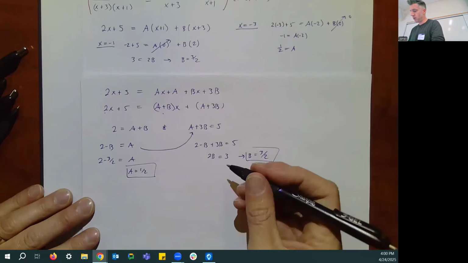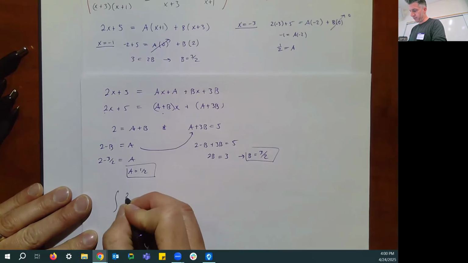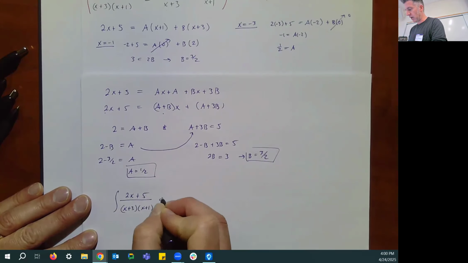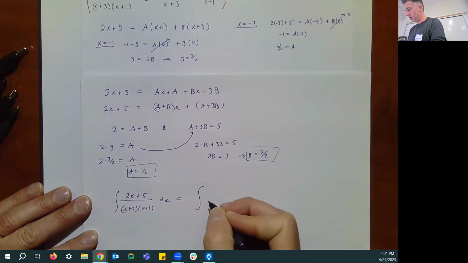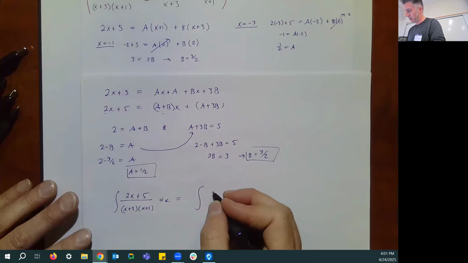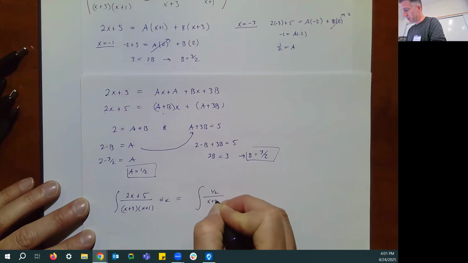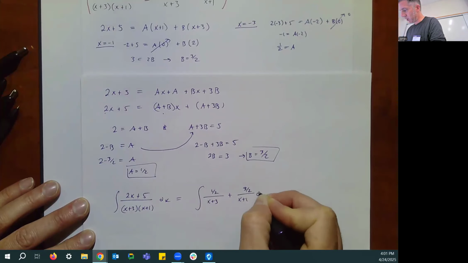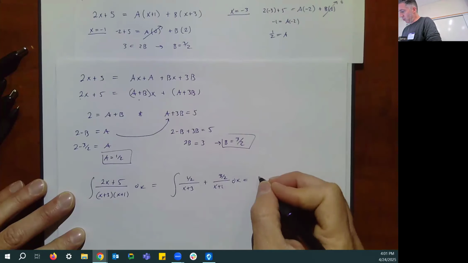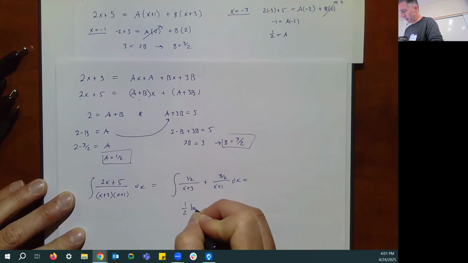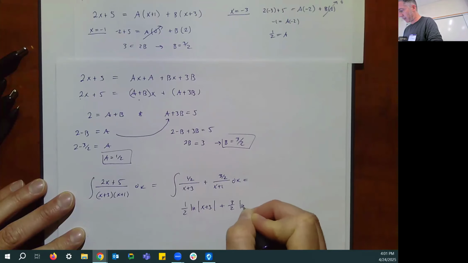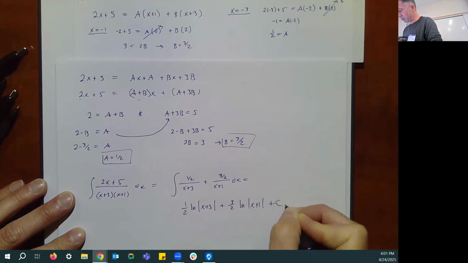For this problem, our integral of 2x plus 5 over x plus 3 times x plus 1 is now going to become the much, much easier integral of a over x plus 3 plus b over x plus 1, which is going to be 1/2 times the natural log of the absolute value of x plus 3 plus 3/2 times the natural log of the absolute value of x plus 1.